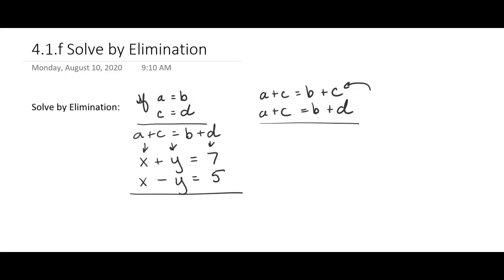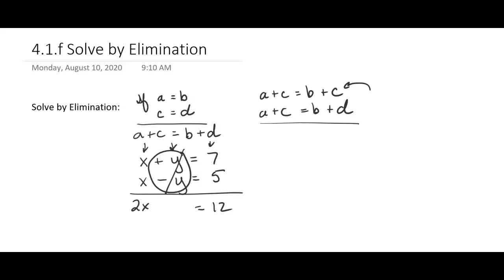So there is some formatting with this you want to make sure you do. But x plus x, well, that's 2x. That's not a problem. But what do you get when you have y plus a negative y? Those cancel out, right? So those eliminate, and then you get on the other side, 7 plus 5 is 12. And that's the idea, and then you finish the problem, okay?